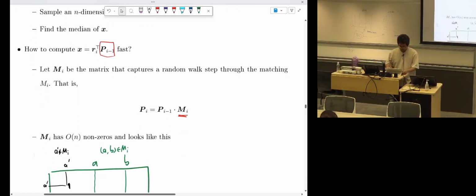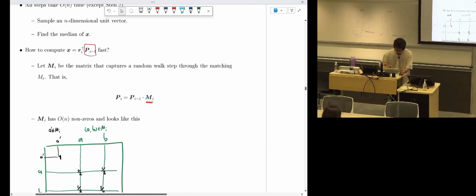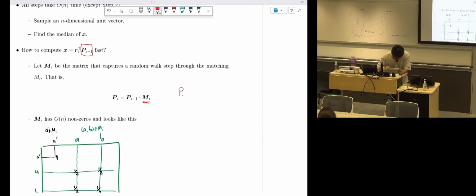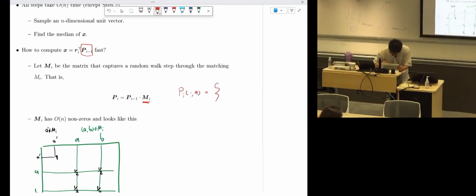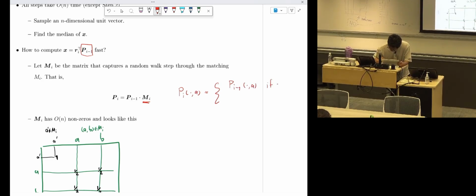You recall that pi_i(a) is just going to be pi_{i-1}(a) if a is not in the matching, and it's going to be the average of its matched edge if it's in the matching.